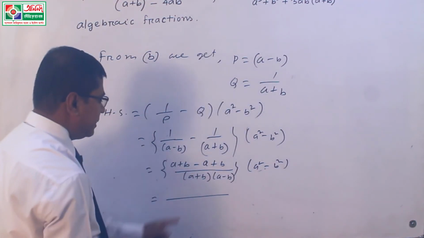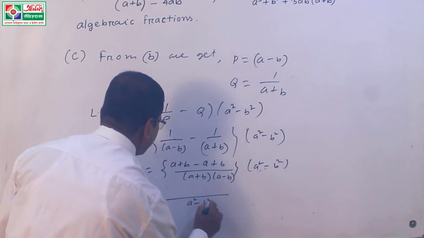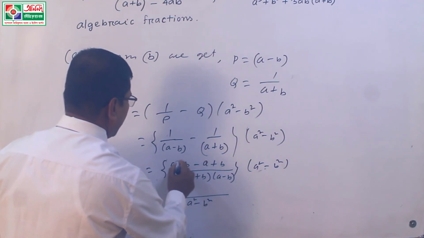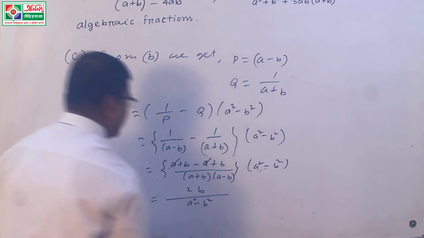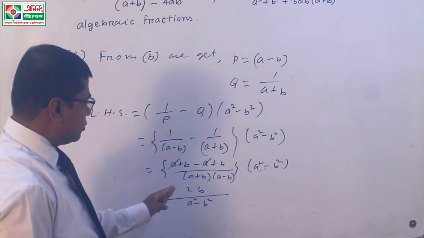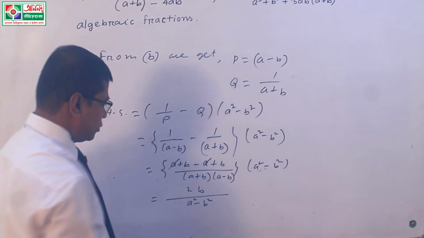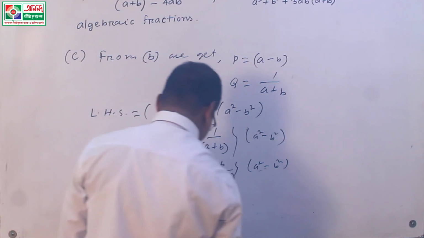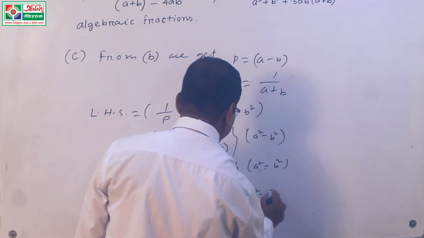Now you can apply the formula a plus b into a minus b, which is a square minus b square. Here look at, plus and minus a is subtracted, and you can write only 2b. We do not use the second bracket because here is only one term, so you can use the multiply sign, and here you can write a square minus b square.